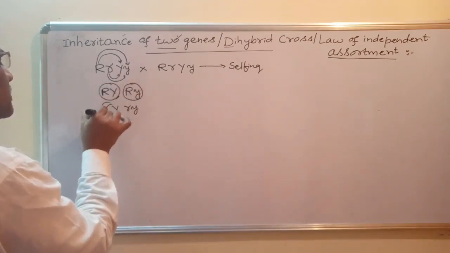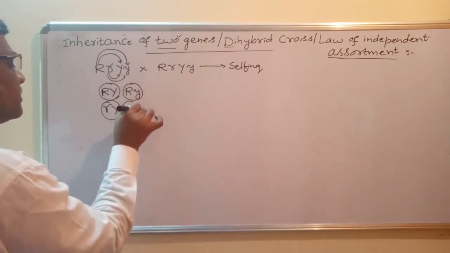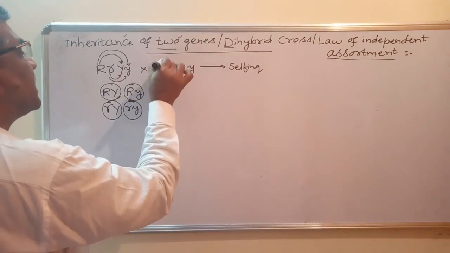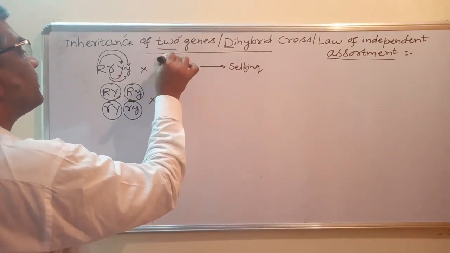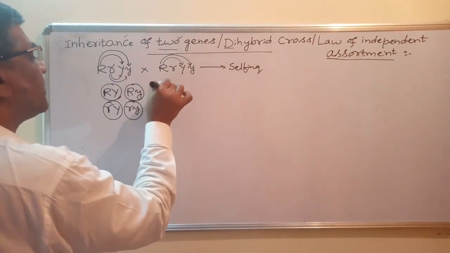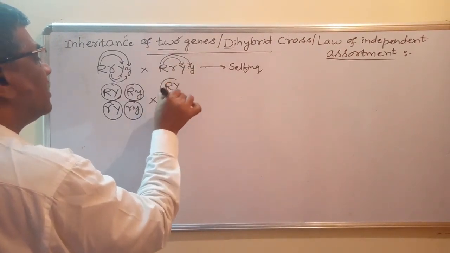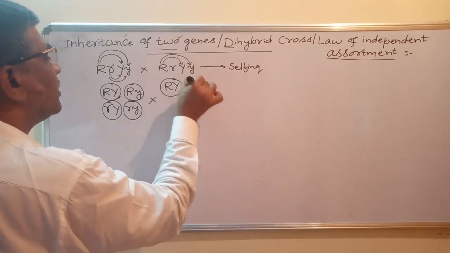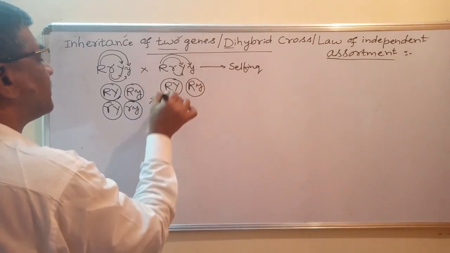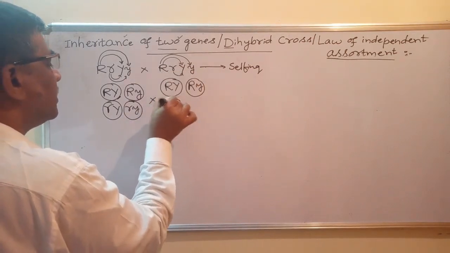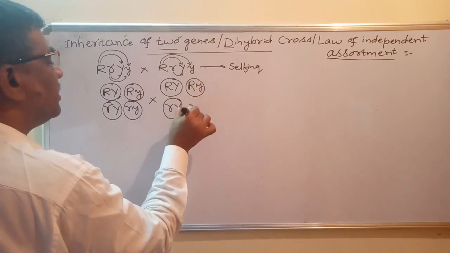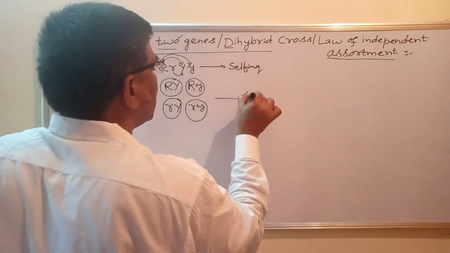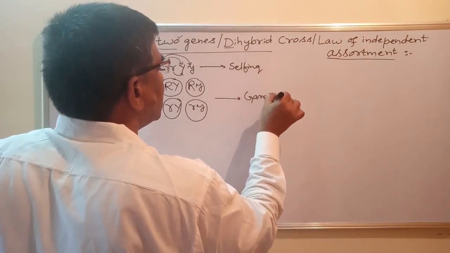Similarly we can write the other set: capital R, capital Y; capital R, small y; small r, capital Y; small r, small y. Now these are all gametes of the F1 generation.